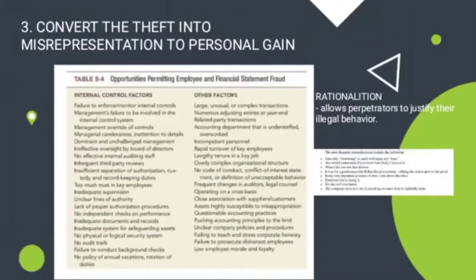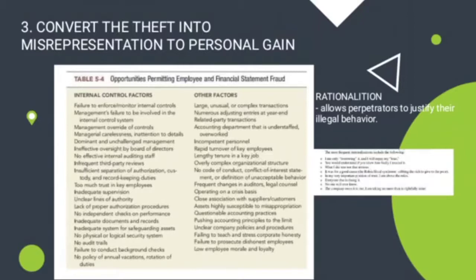So number 3, convert the theft into misappropriation for personal gain. In a misappropriation, fraud perpetrators who do not steal cash or use the stolen assets personally must convert them to a spendable form. For example, employees who steal inventory or equipment sell the items or otherwise convert them to cash.